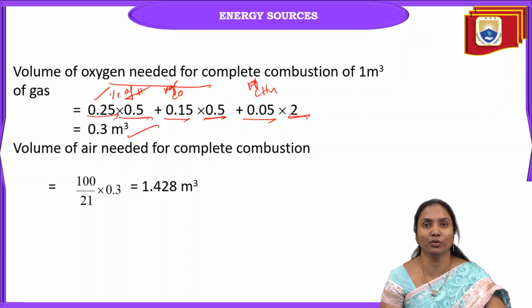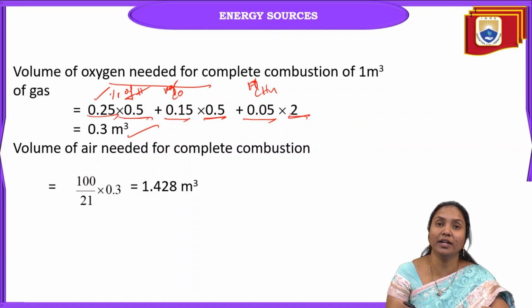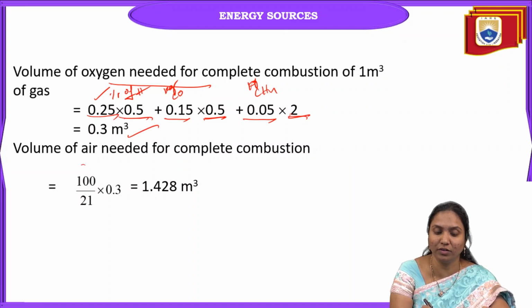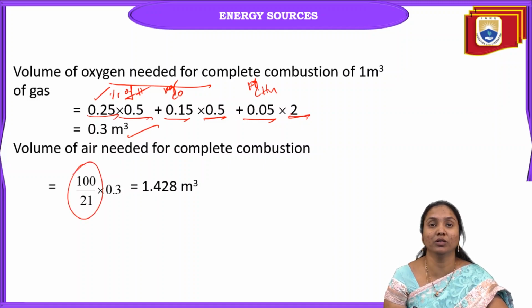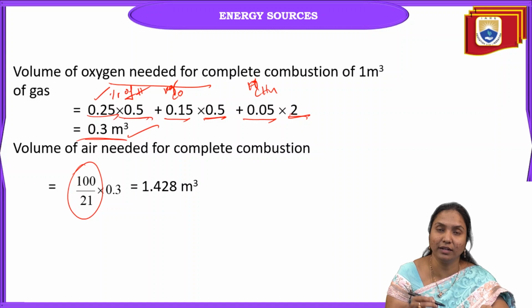So the volume of air needed for complete combustion is equal to 100 by 21 into 0.3. We write 100 by 21 because air contains 21% oxygen. So the volume of air needed for complete combustion is 100 by 21 into 0.3, where 0.3 is the volume of oxygen needed for complete combustion of 1 meter cube of gas.